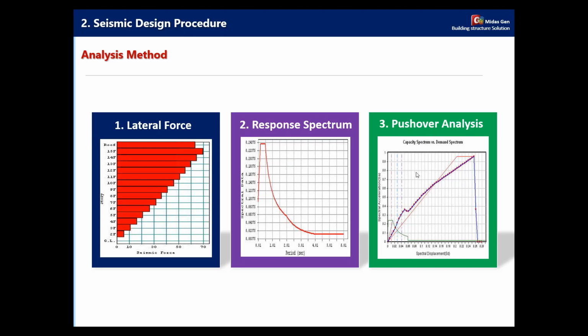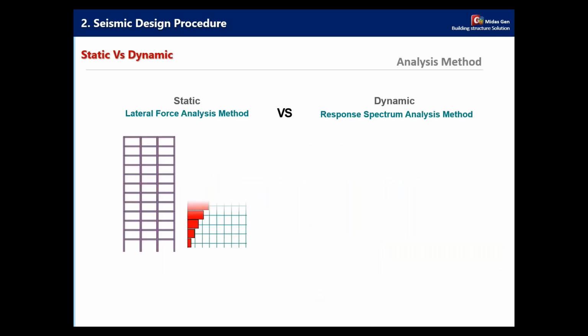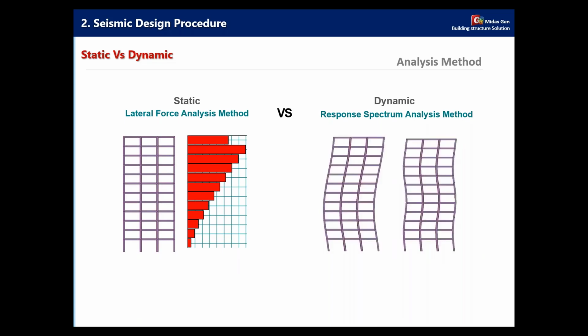We can do those also, but we are going to compare the first two, lateral force and response spectrum analysis. Afterwards, we are going to make some demonstrations using the software, to show the difference between these two analyses.